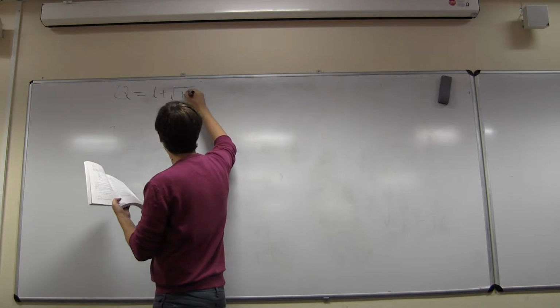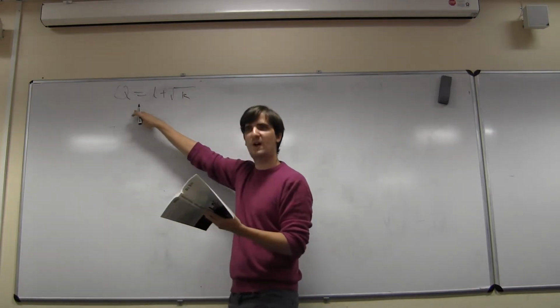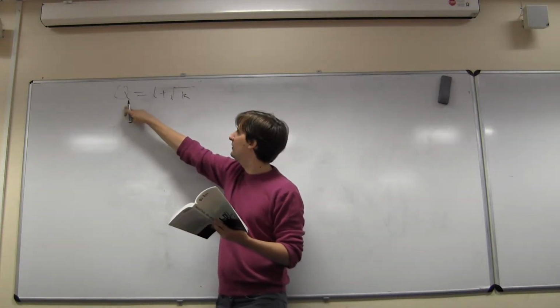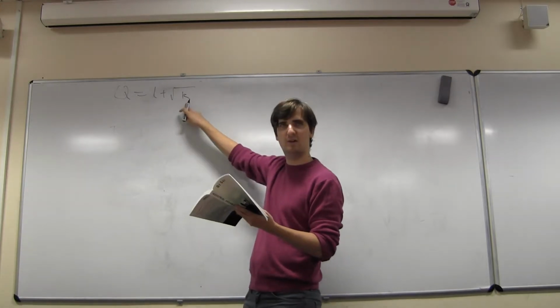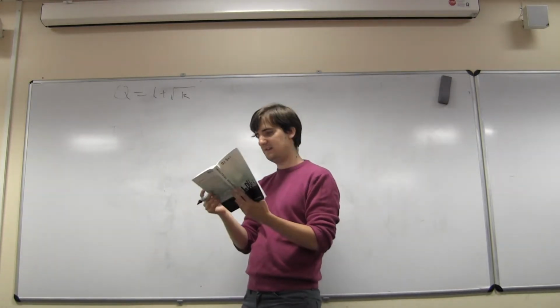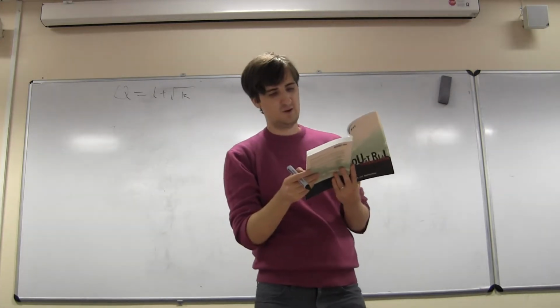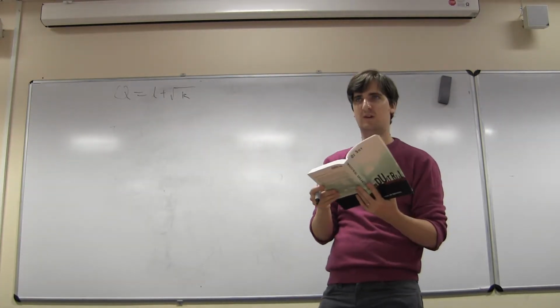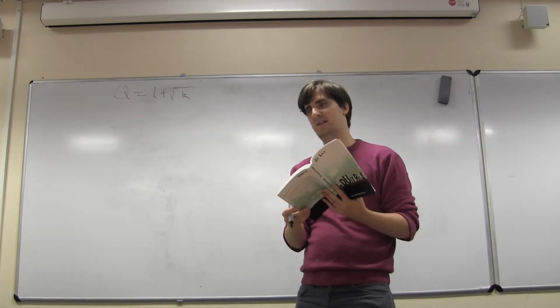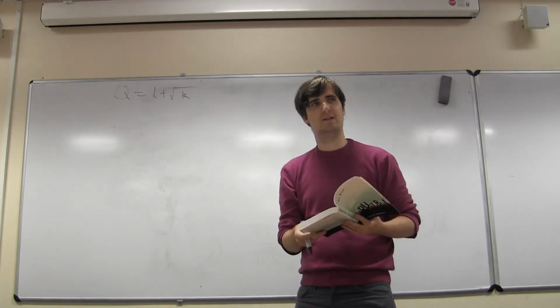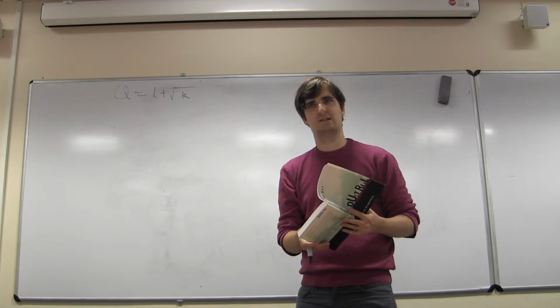So this is very easy. This is a production function. Quantity produced is labour plus the square root of capital. The question was, does this exhibit increasing returns to scale, constant returns to scale, or decreasing returns to scale? You don't really need to do any maths to tell me the answer to that.